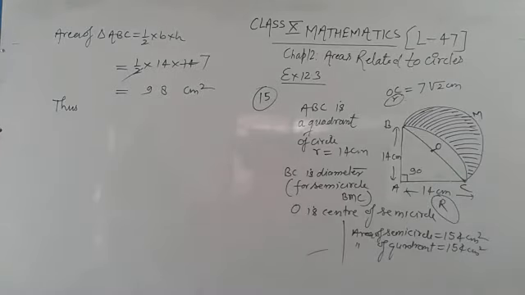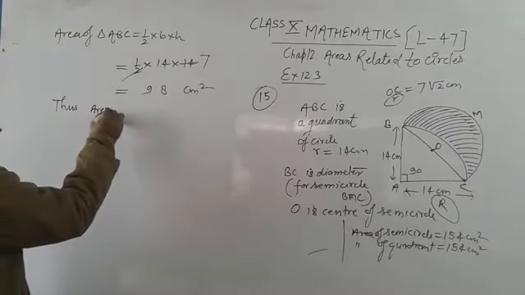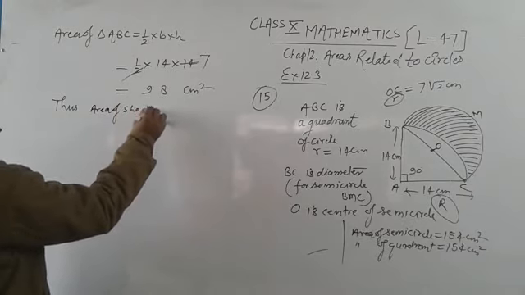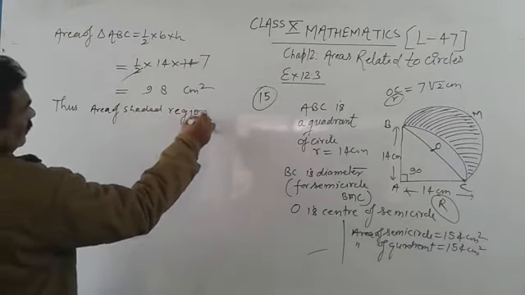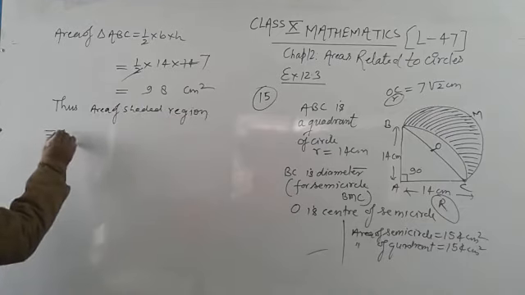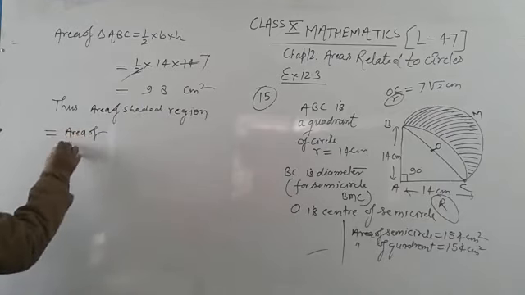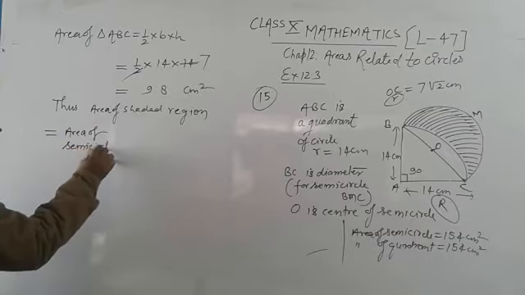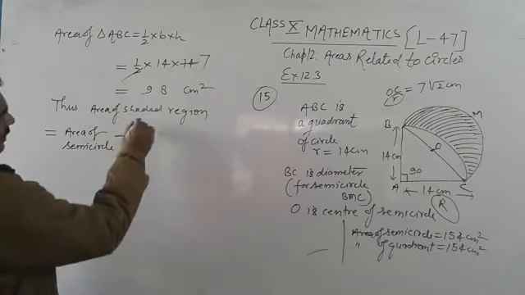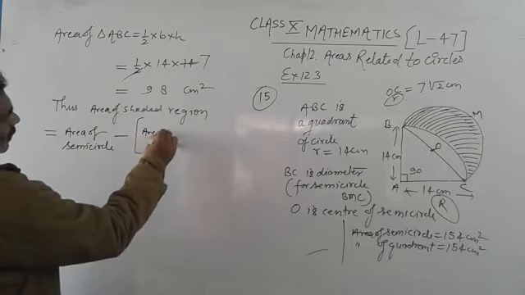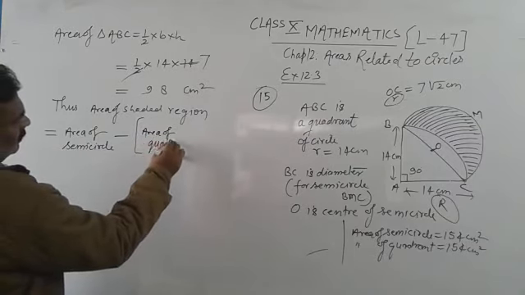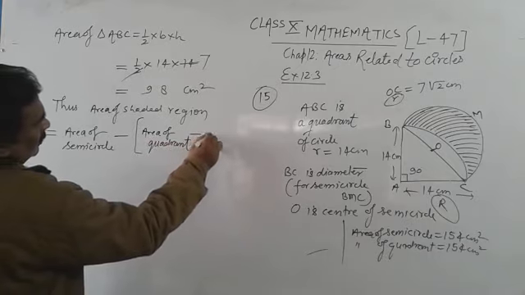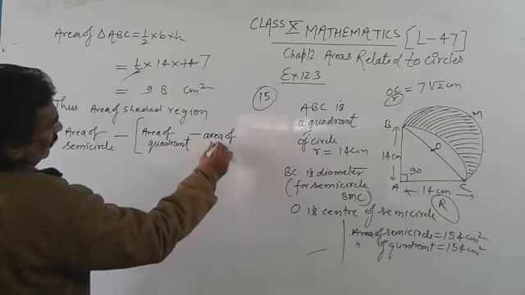Right students, so now finally we have: area of the shaded region is equal to area of the semicircle minus, under bracket, area of the quadrant minus area of triangle ABC.